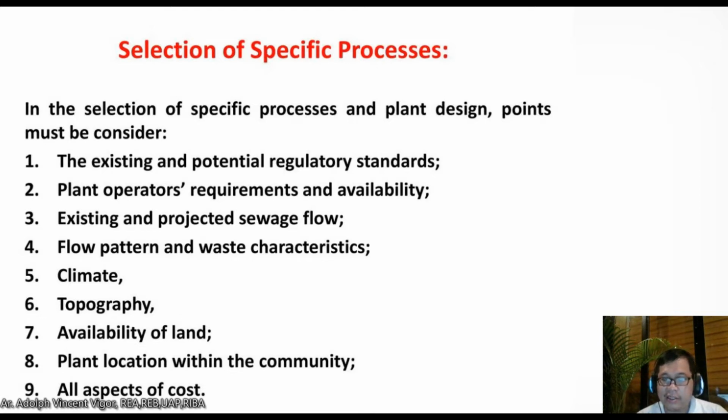The third is existing and projected sewage flow. The fourth is the flow pattern and waste characteristics. Fifth is the climate. Sixth is topography. Seventh is the availability of land. And eighth, the plant location within the community, and then all aspects of cost. Because you don't want to design a sewage treatment plant that would be too expensive.